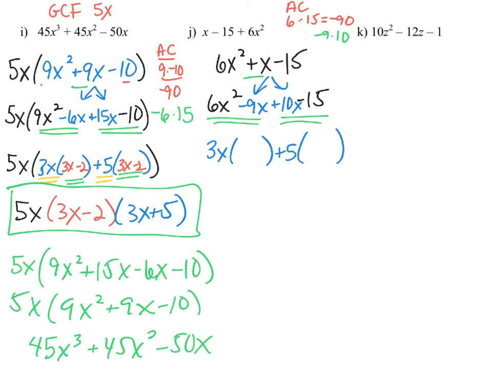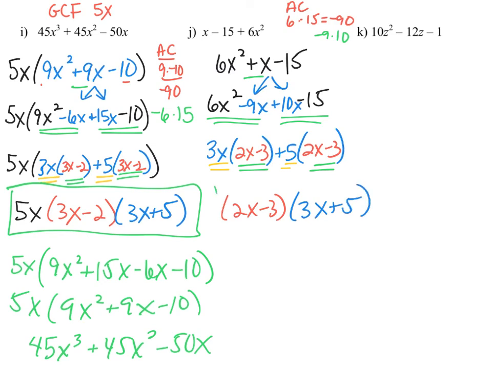When we factor out the 3x from the first two terms, we get 2x minus 3. Factor out the 5 from the last two terms, we also get 2x minus 3. The 2x minus 3, you see that we have that in common, so that is a factor. And the other factor is what's left over, and when you take that common factor out you get 3x plus 5.